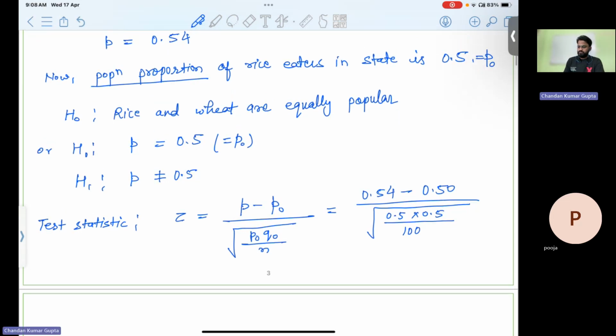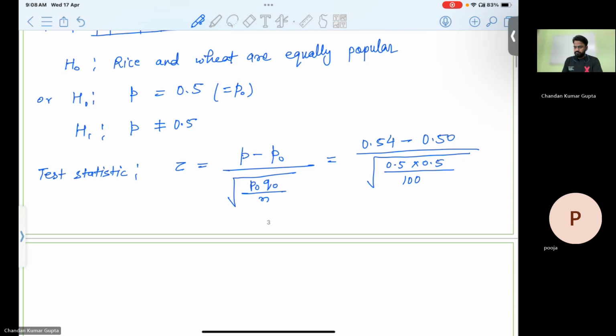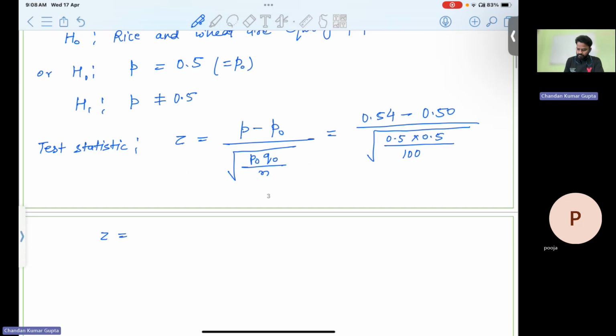Okay, so from here the numerator is 0.04, and in the denominator, root of 0.5 times 0.5 over 1000 comes out to be 0.5 over 10 root 10.